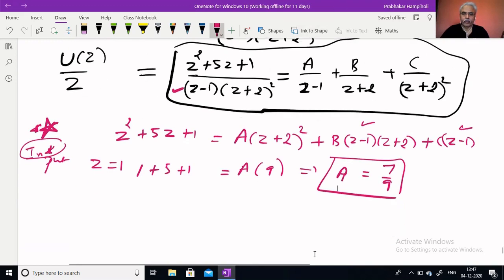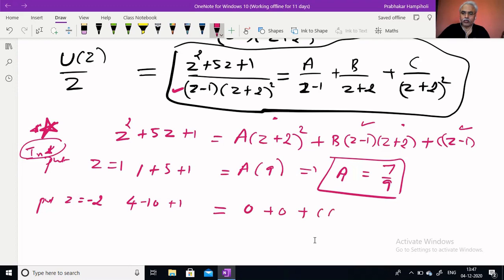Second, very similarly, z+2 is common, so you can get the value of C by putting z equal to −2 in star. You get 4−10+1 equal to 0+0+C into −3.